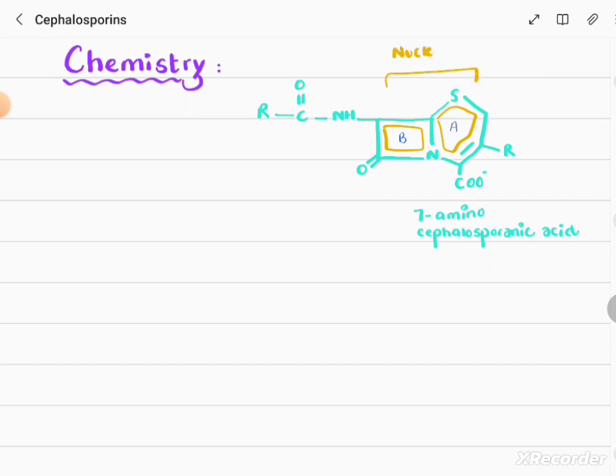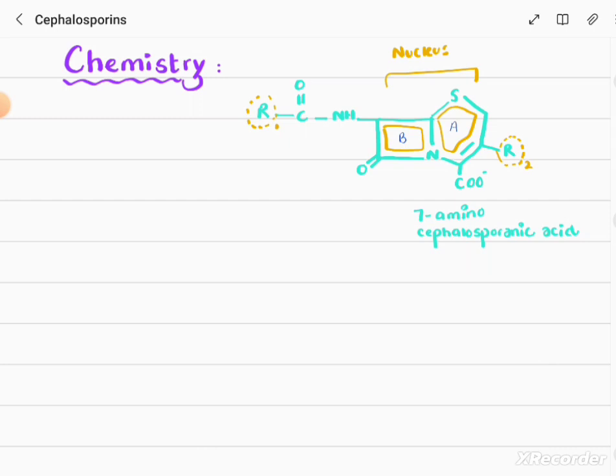This nucleus is common in all the cephalosporins, and there are two R groups, R1 here and R2 here. These two R groups are modified, and the modification of these groups has yielded hundreds of potent compounds with low toxicity and more therapeutic value.